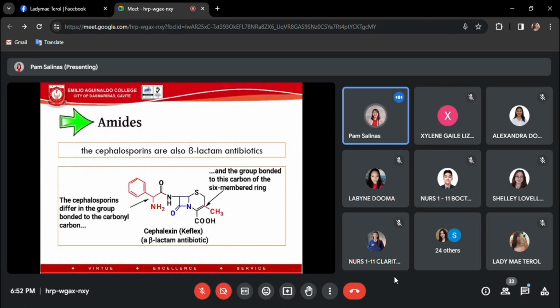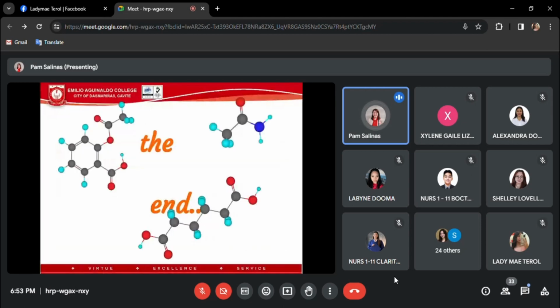So this is also an example of beta-lactam antibiotic. You can really see yung differences within the structure. Why? Kasi it has double bond O with nitrogen. So this is really an example of an amide. So this is a group which is also bonded on a closed chain. So we can really see yung double bond O together with the nitrogen group. That's why it's an example of an amide.